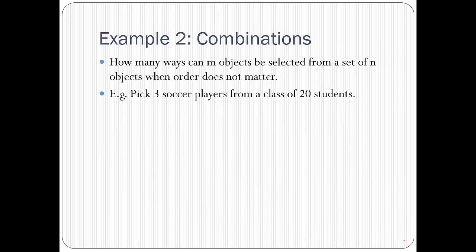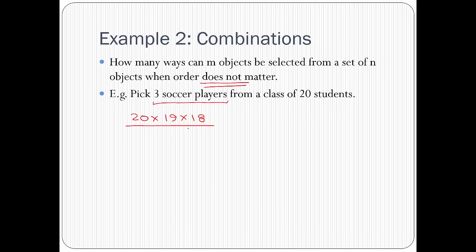Another type of question often asked is combinations. How many ways can m objects be selected from n when the order does not matter? So it's like asking the question, pick 3 soccer players. We haven't specified what positions they'll play, just 3 soccer players from a class of 20 students. This is called combinations, and we recall that we can pick the first player from 20 in 20 ways, the second player in 19 ways, the third player in 18 ways.